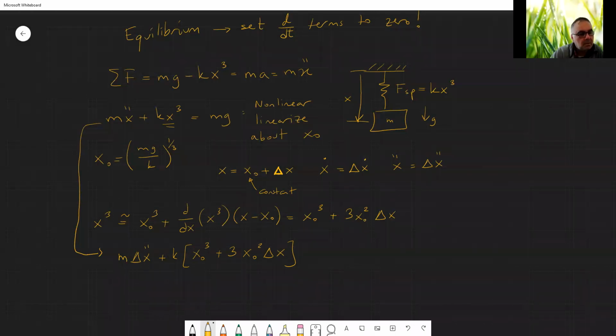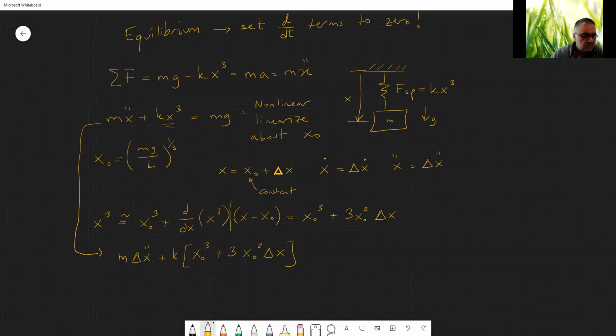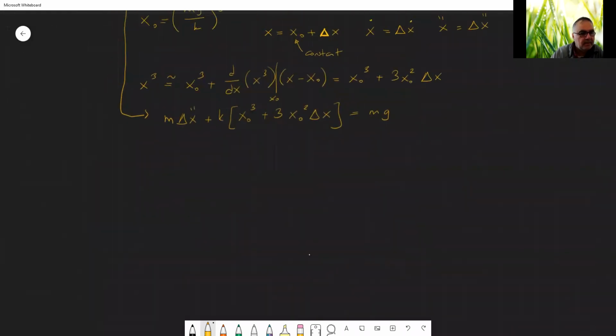Why? In the previous step, d by dx of x cubed, it's the derivative at x0, or no? Yes, at x0. Yes, thank you. I wrote it correctly, that's right. Equals mg, that is this equation. This is what we get.